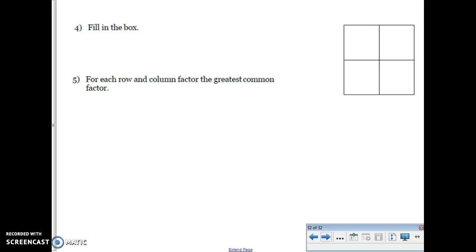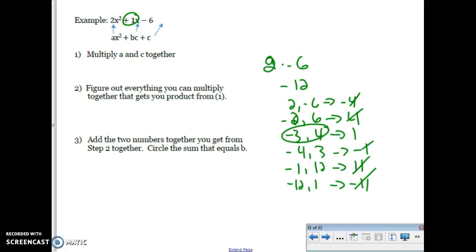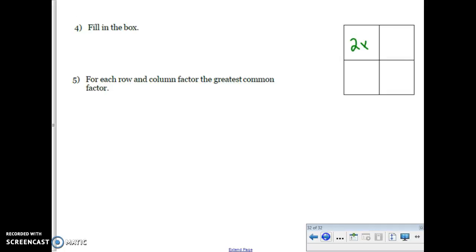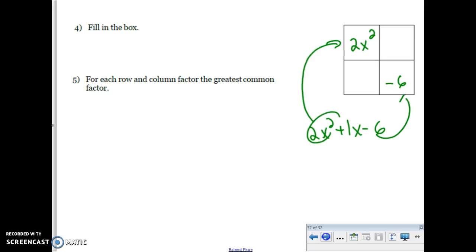Now the next step, I'm going to fill in my box. My equation was 2x squared plus 1x minus 6. My first term always goes into the upper left-hand corner. The minus 6 goes into my lower left-hand corner. We figured out that it was a 4x and a minus 3x. So now we factor this out.